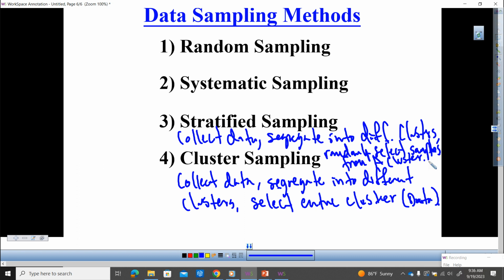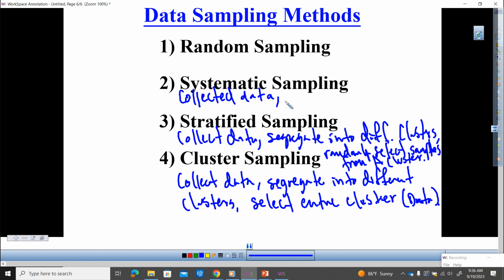All right. So again, let's write collect data. I collected the data, right? I got your index cards. Did I segregate this time? I separated into groups?